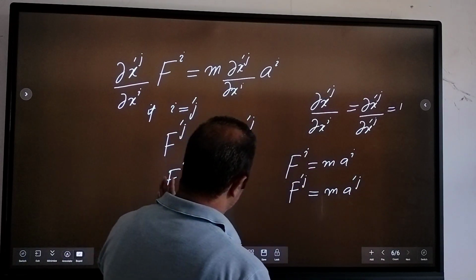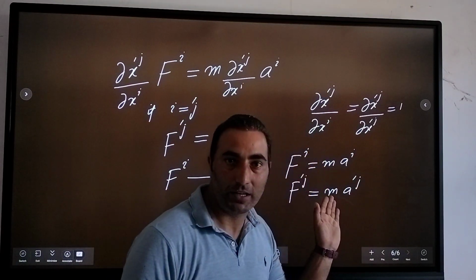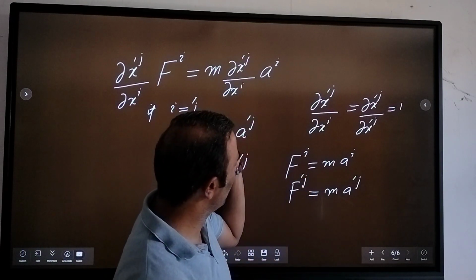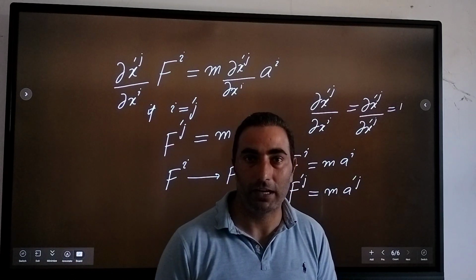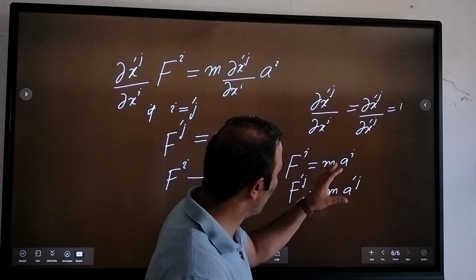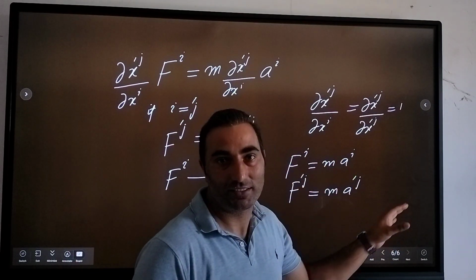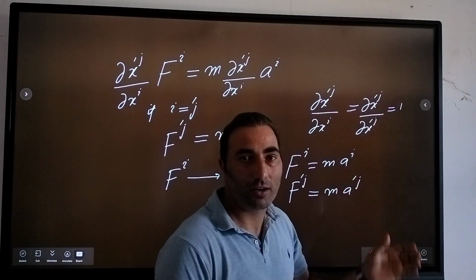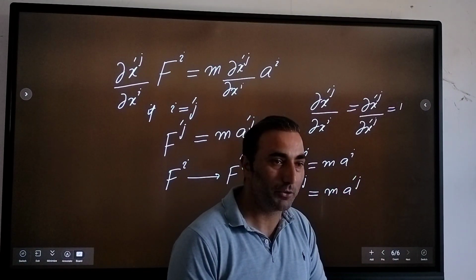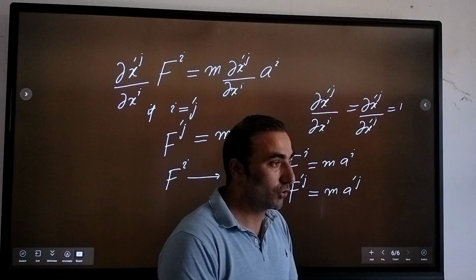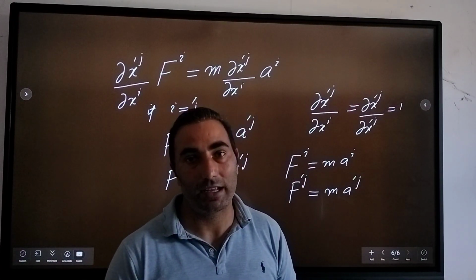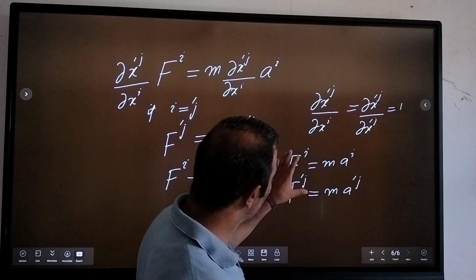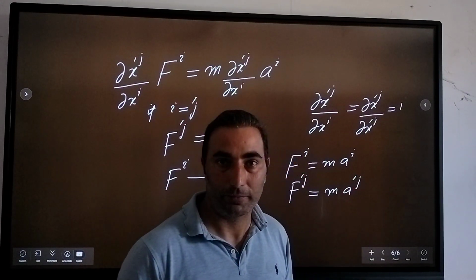Okay, so the form of the equation remains covariant, right? Although the components can be different, because the components will change if you make some translation or some rotation of the coordinate axes, right? But overall the form remains covariant, right?